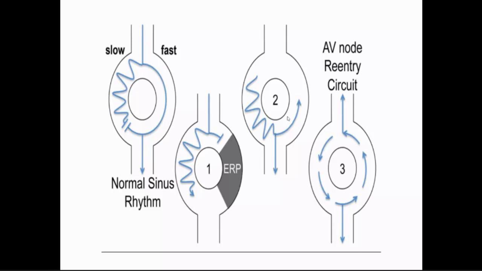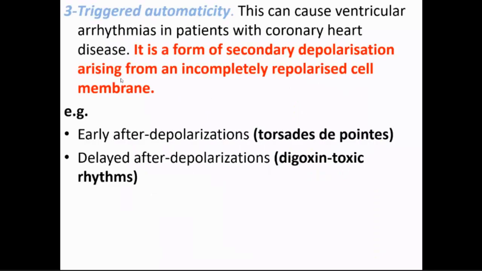Okay, هذا هو example of the AV reentry circuit. اوكي، وهذا كذلك ممكن يطبق على الفنتركل ويطبق على الاتريا، بس أنا شوفتكم اياه حتى تعرفون شنو السلو باثواي، شنو الفاست باثواي، شنو الريفراكتوري بيريد، شنو الكوندكتيف بيريد، حتى يصير سريع بها. اوكي، يصير بها الري انتري retrograde conduction and lead to the re-entry circuit. هذا هو the most common mechanism of arrhythmia, tachyarrhythmia.